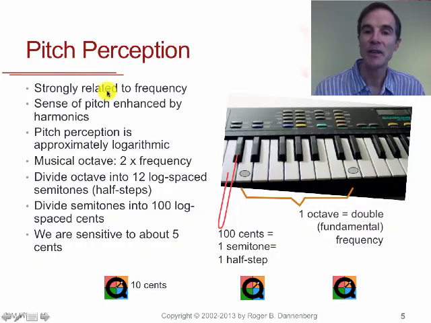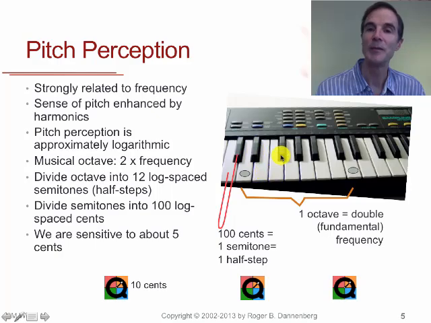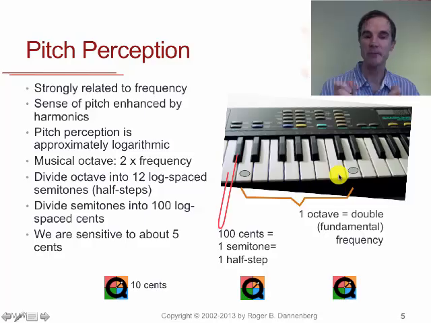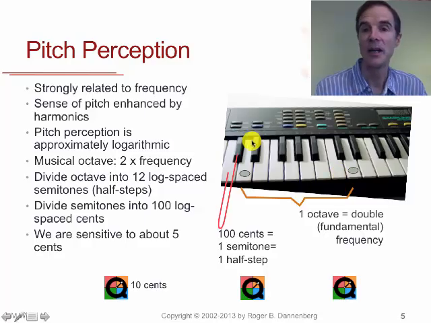In this picture of the keyboard over here on the right, the interval from one key to the next, like going from this white to black to white to white, black, white, each one of these intervals is a half step or a semitone, and 12 of those represent an octave, as you see here in the figure.